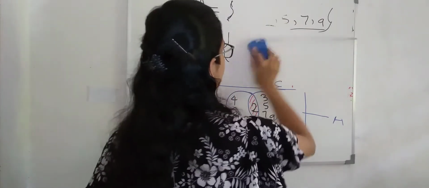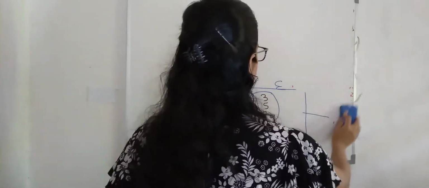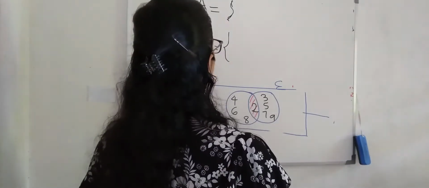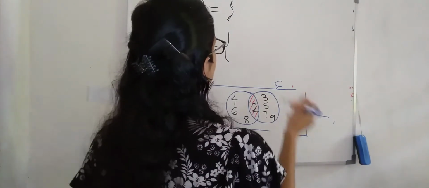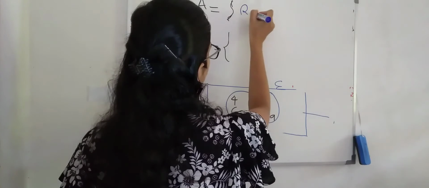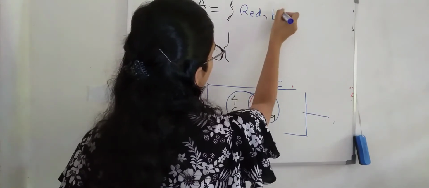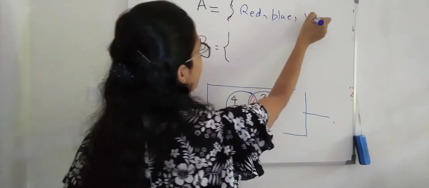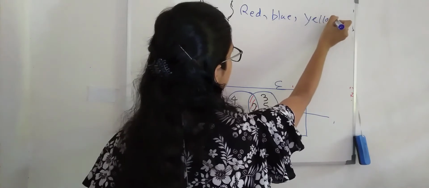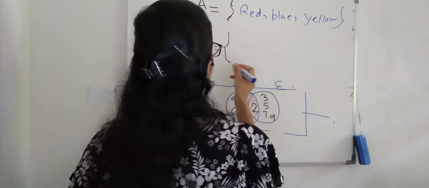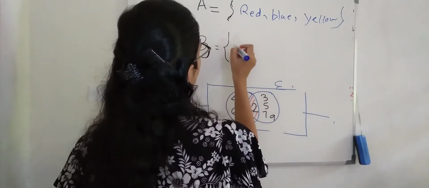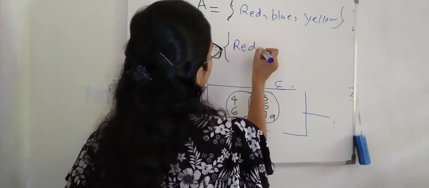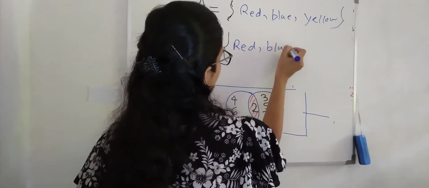Okay, let's learn. I'll take two subsets. The set A shows red, blue and yellow. Okay? And the set B shows only red and blue.